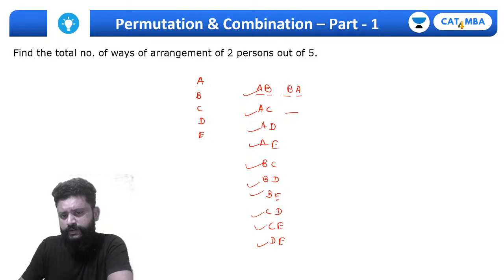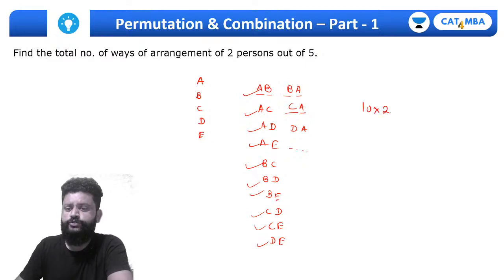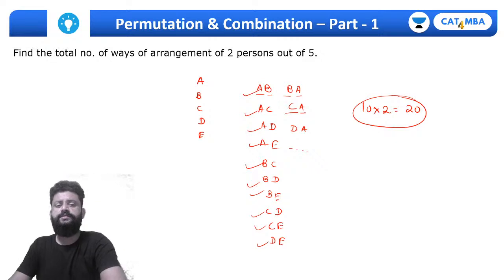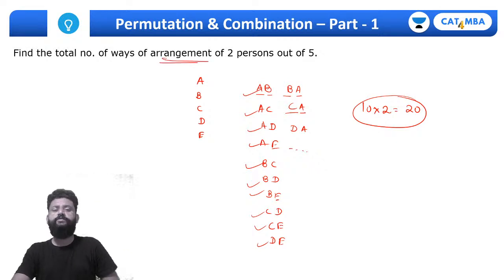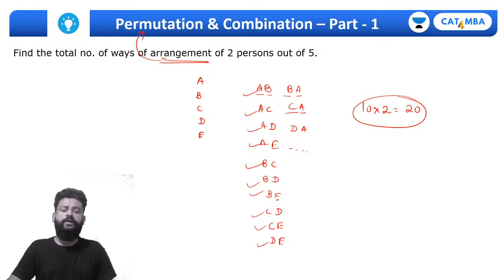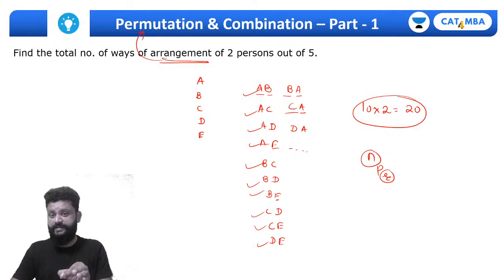So we have these 10 things: 1 2 3 4 5 6 7 8 9 10. So every group can be rearranged, every pair can be rearranged. DA. So initial answer जो भी था अपना answer 10 into 2, that is going to be 20, and that is the thing which is related to arrangement where the sequence is important, and we call it as permutation. That is arrangement of r things out of n different things.